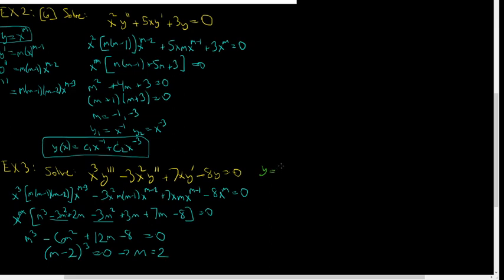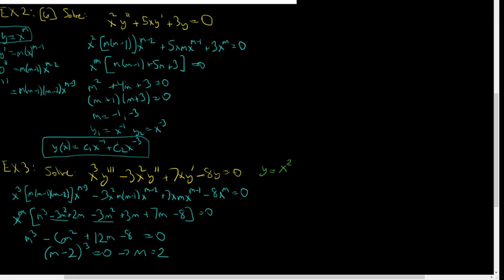You're going to end up with y equals x squared. But obviously, you can't have c1 x squared plus c2 x squared plus c3 x squared. They're not linearly independent. So what do you do when you have multiplicity more than 1?